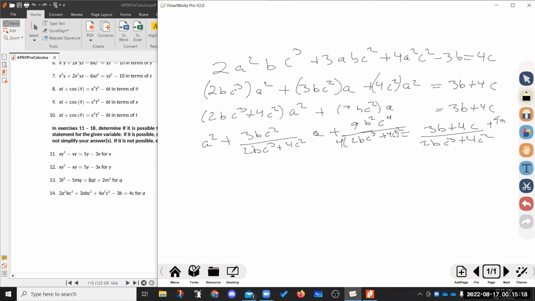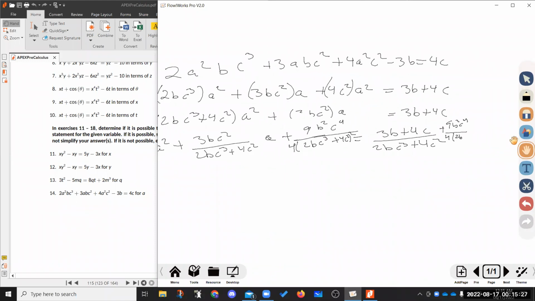I'm going to add 9b squared c to the 4th over 4 times 2bc cubed plus 4c squared.